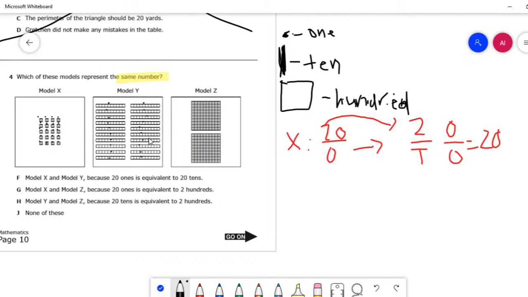This time, we have 20 rods. And if you remember, one rod stands for 10. So in model Y, we have 20 in the tens, but we have 0 ones.